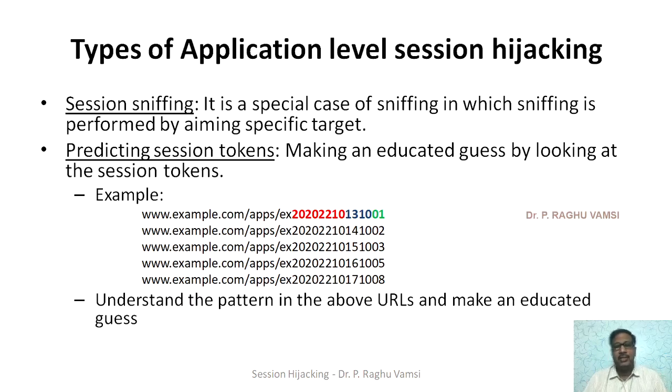This is an example application that users log in to, and whenever they log in, a session ID is generated like this: ex 20202210 131001. The 20202210 is indicated in red, 1310 is indicated in blue, and 01 is indicated in green. These are three different components that can be identified via pattern.